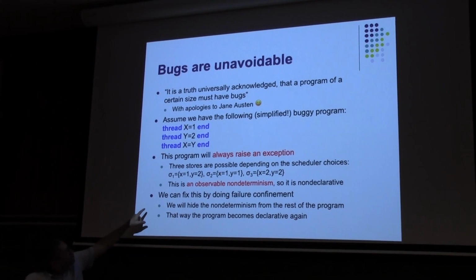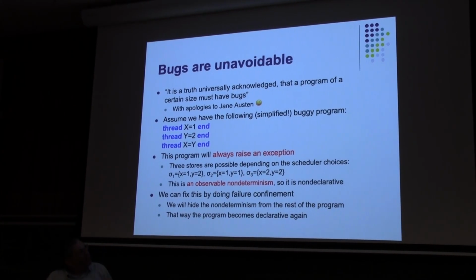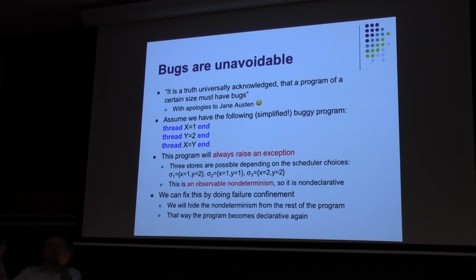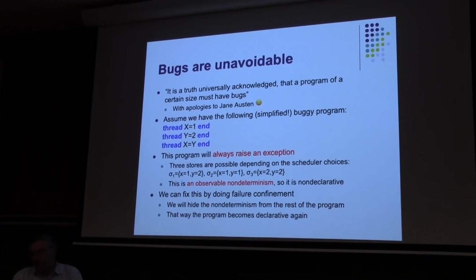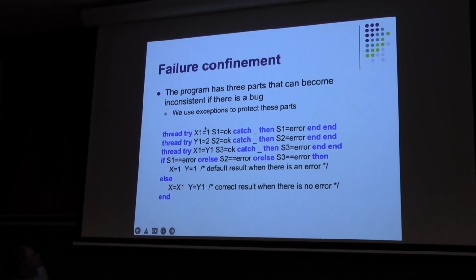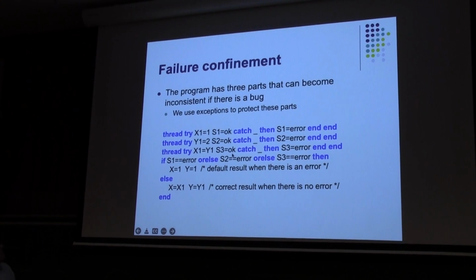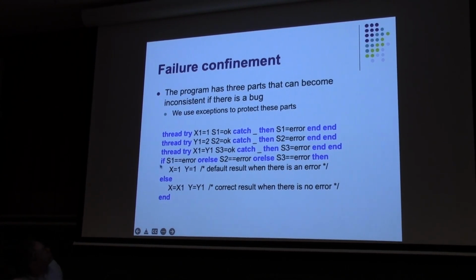So we can do failure containment. We hide it so that the program becomes declarative again. We put a box around it. Here's the way to do it. I have my program, 3 things here. I put a try-catch and catch the exceptions. If there's any error in S1 or S2 or S3, then I say that xy is equal to 1, like a default.